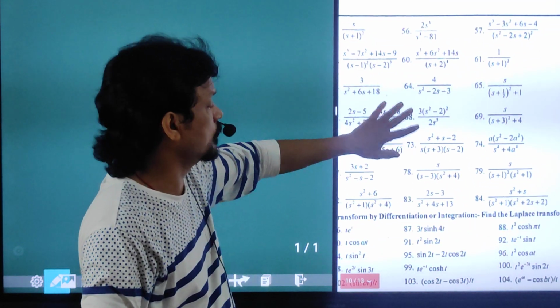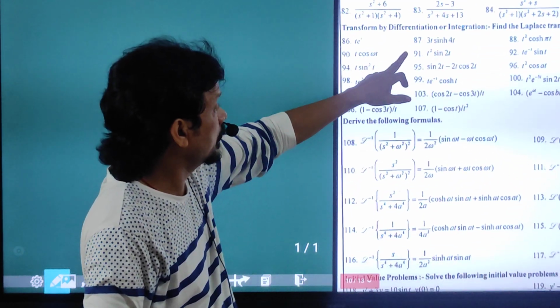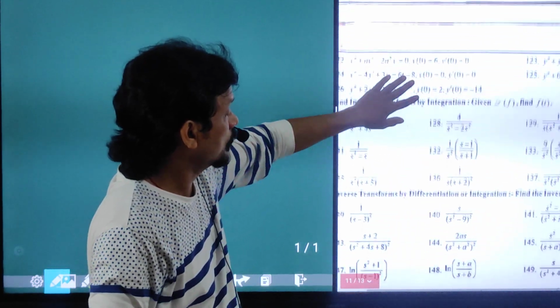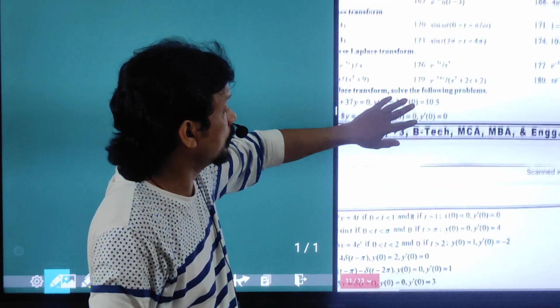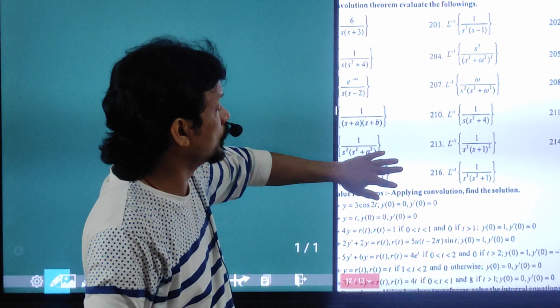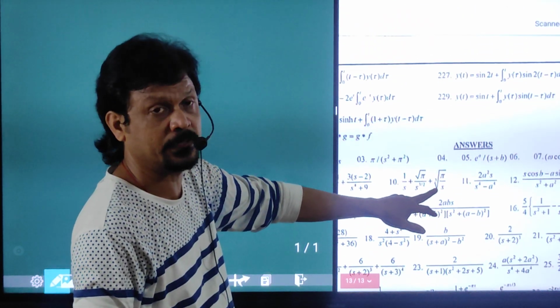Maximum problems I will do on the board, and here see how many problems I have given. I will tell you the tricks, and in the description also I will upload these problems, and I have also given the answers.